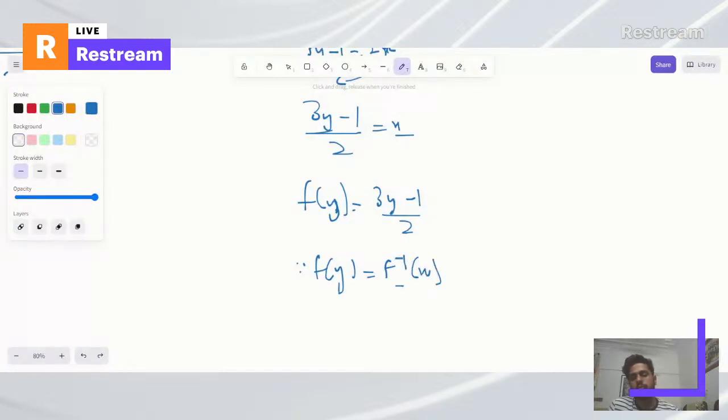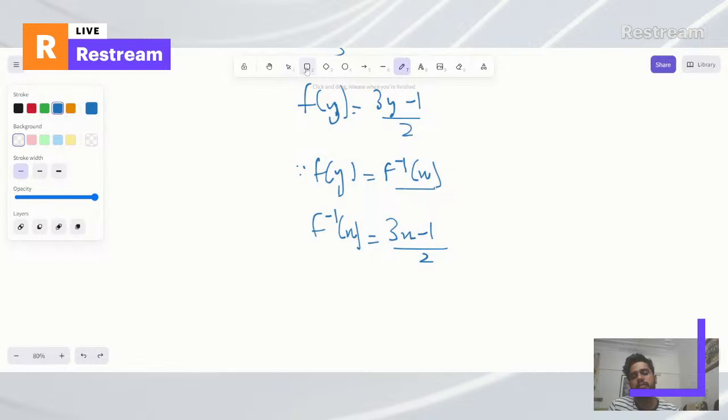So we replace it with x over here. Inverse of x equals, now the equation which is written in terms of y, we write x instead of y. So (3x minus 1) divided by 2. So that is our final answer.